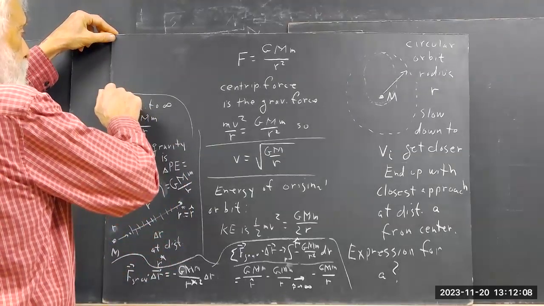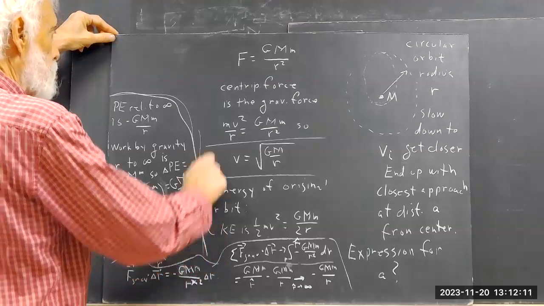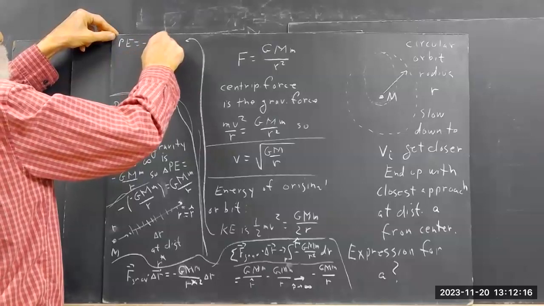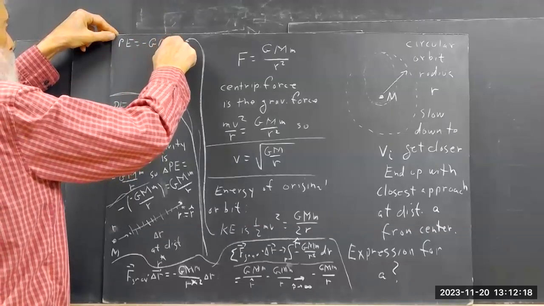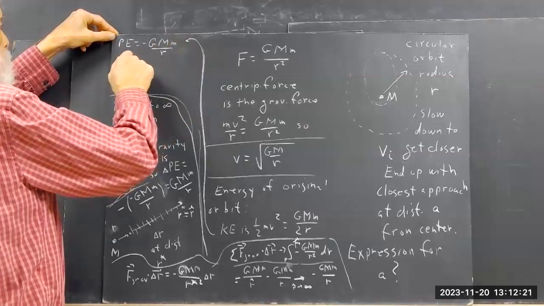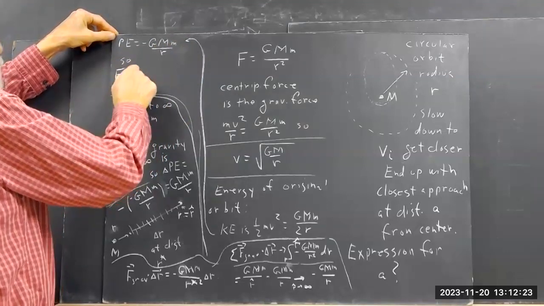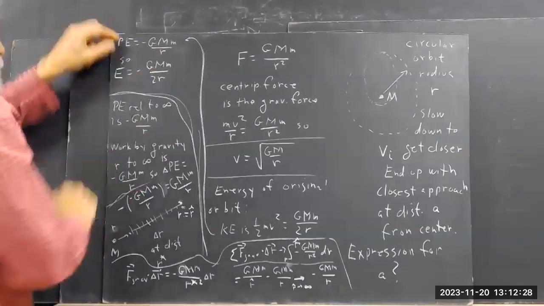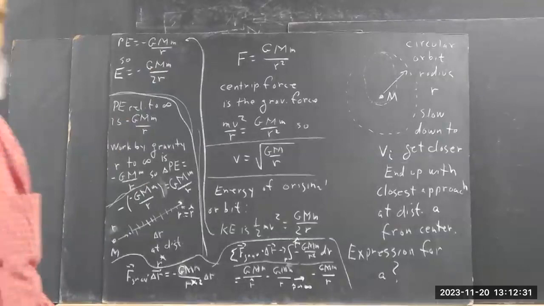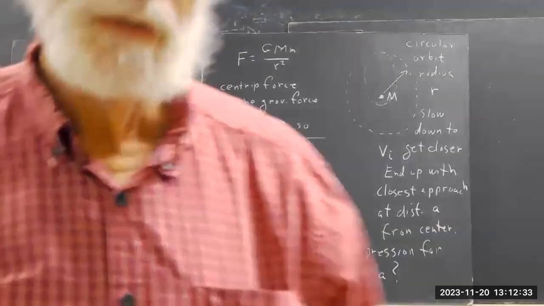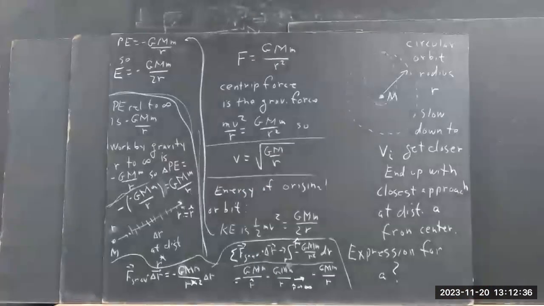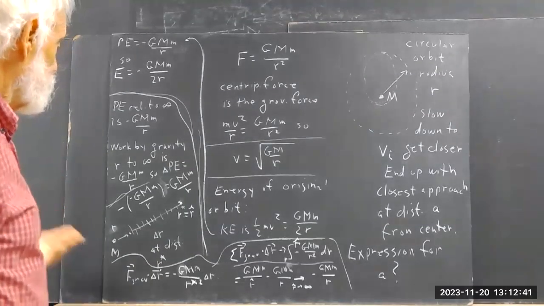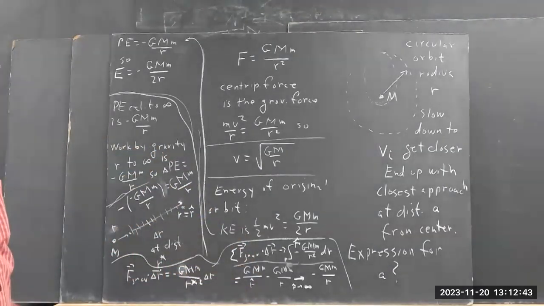So all this aside, up to here, the total energy is negative big G, big M, little m over 2R, which we did last time. I'll give you a little more explanation this time, especially since you asked for it.